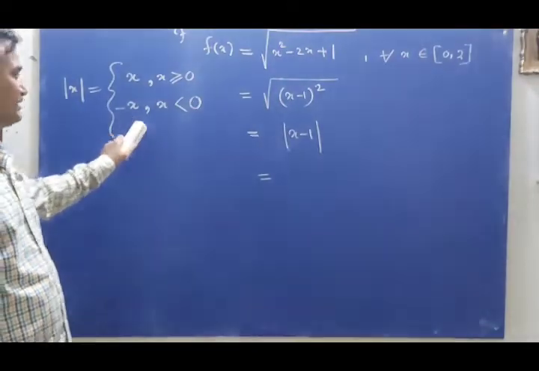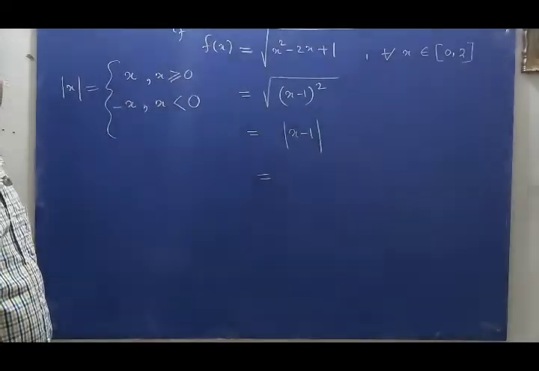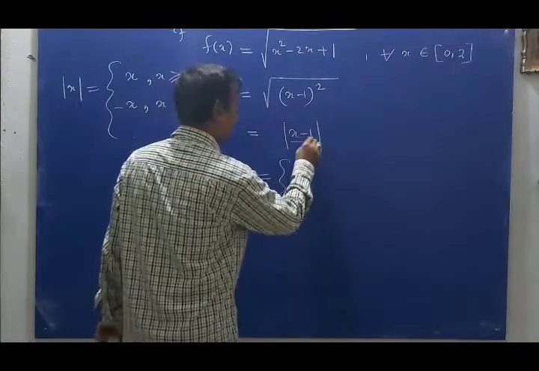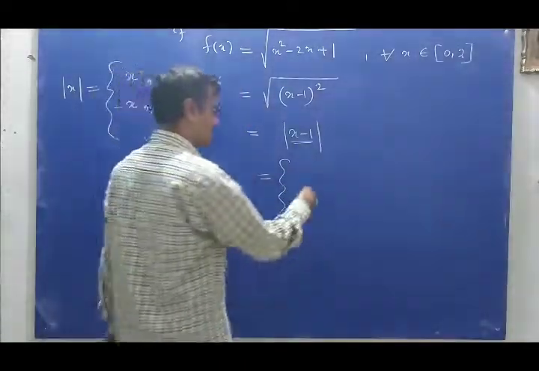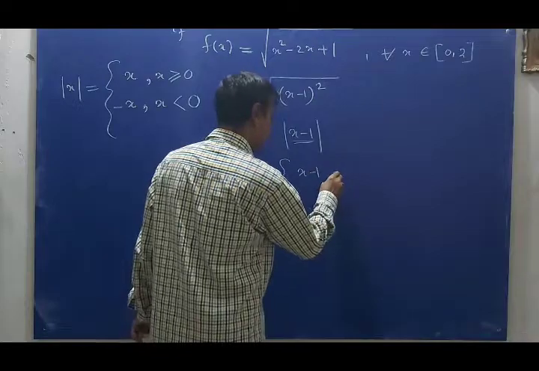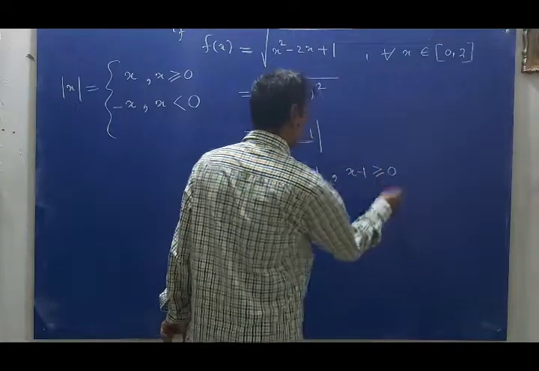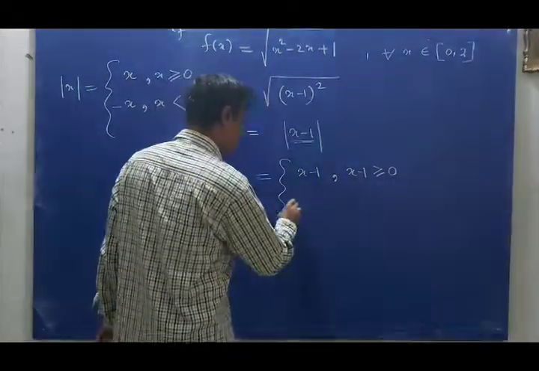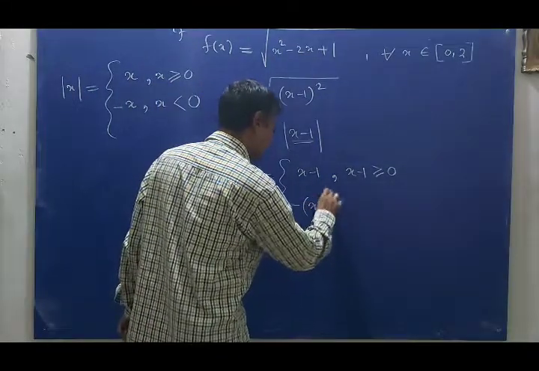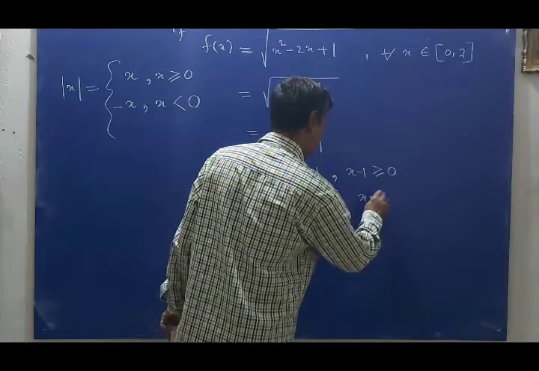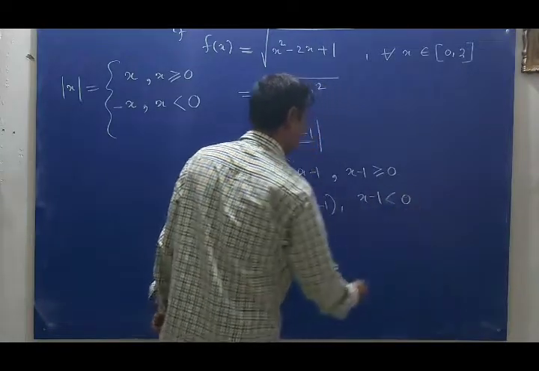So here, take x minus 1 if x minus 1 is greater than or equal to 0, and minus of (x minus 1) if x minus 1 is less than 0.